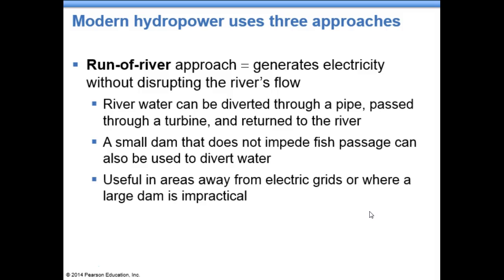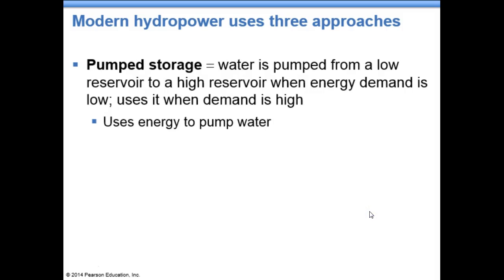And a better way to control the timing and the flow is through something known as pump storage. Water is pumped from a low reservoir to a high reservoir during times when the demand for power is weak and prices are low. When demand is strong and prices are high, water is allowed to flow downhill through a turbine and generate electricity.